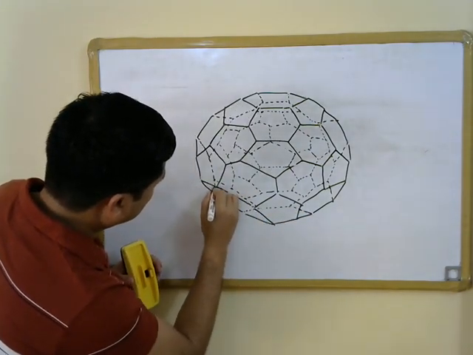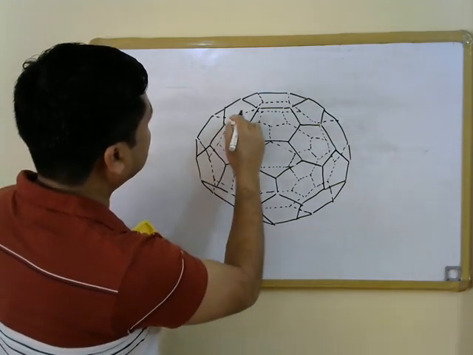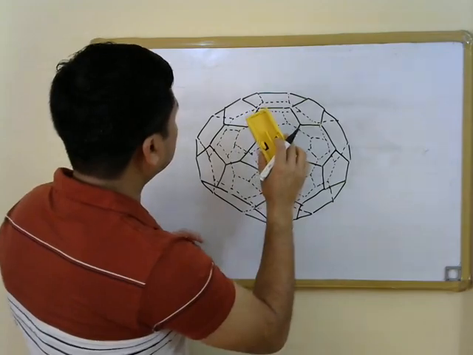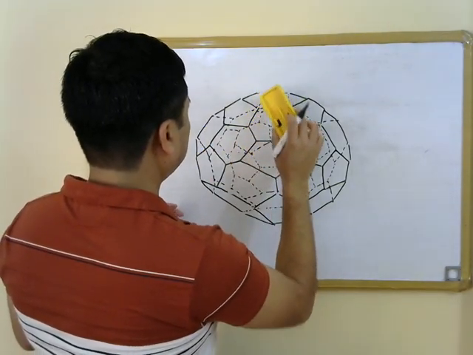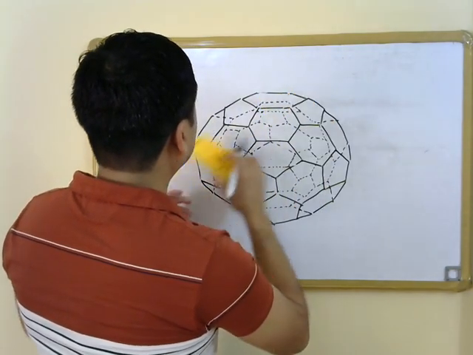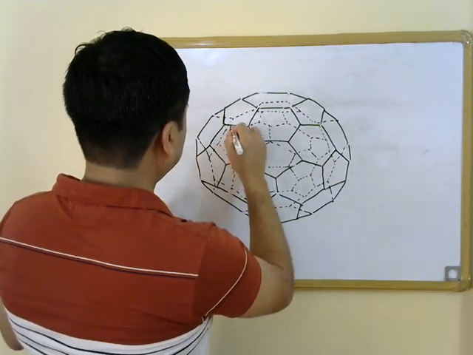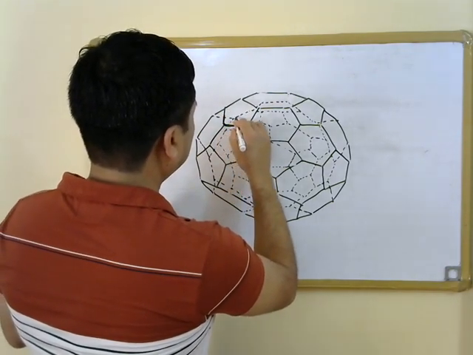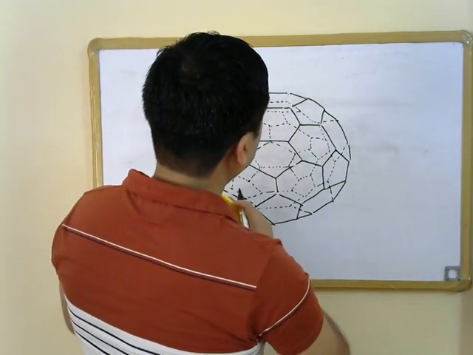So we have a hexagon here, we have a hexagon here, we have a hexagon here. But this one, we have a hexagon over here, and then we have a hexagon over here as well.